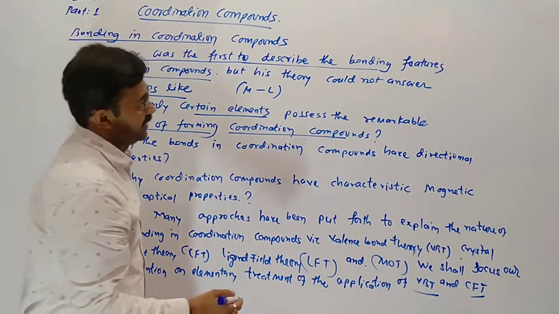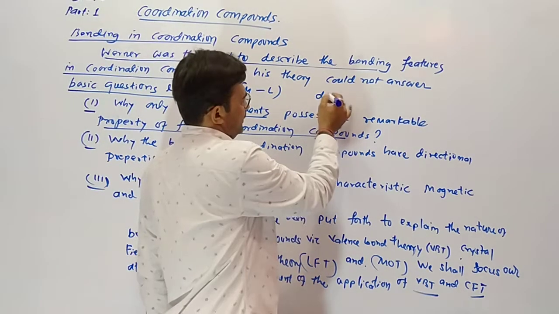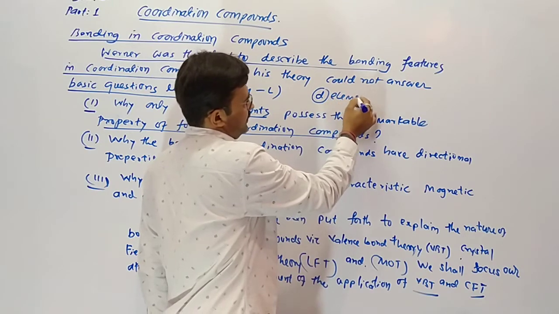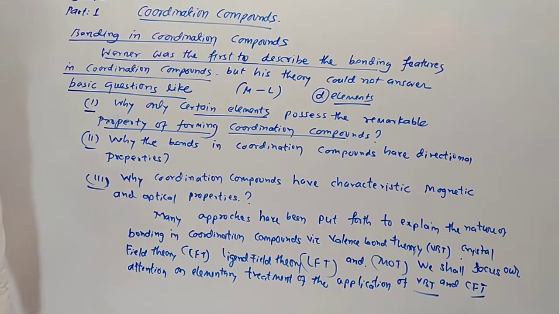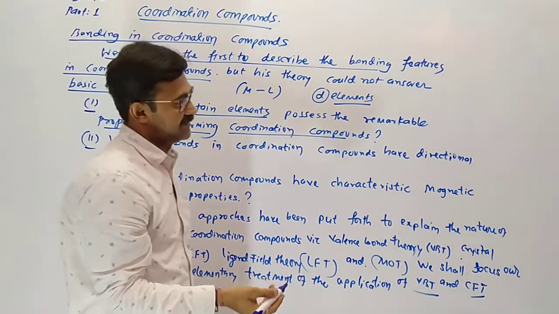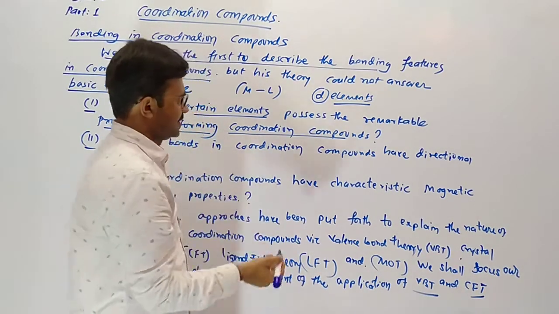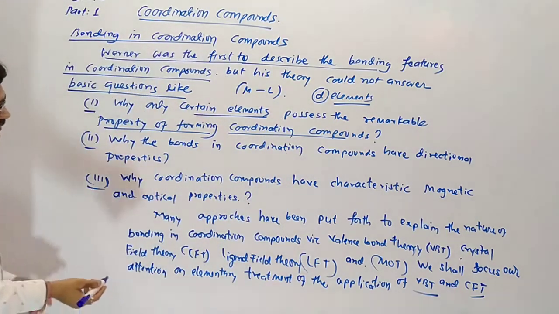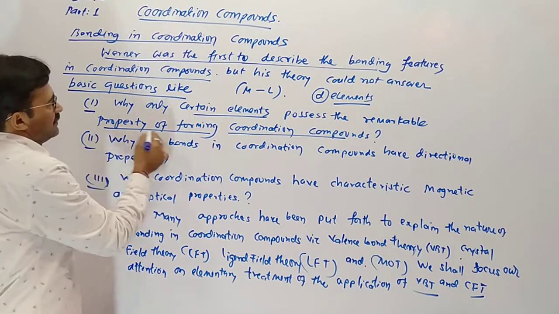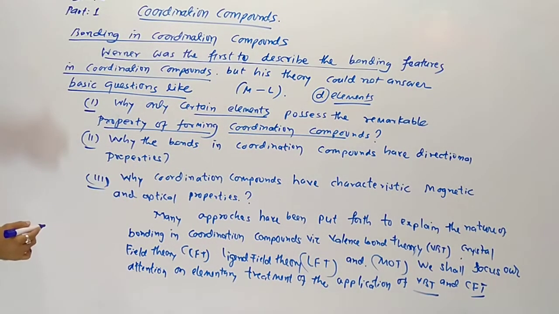That is, why generally d block elements, scandium, titanium, chromium, iron, nickel possess it, but sodium, potassium do not possess coordination compounds.